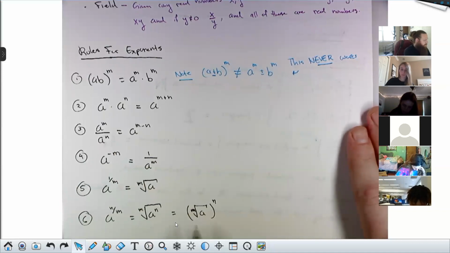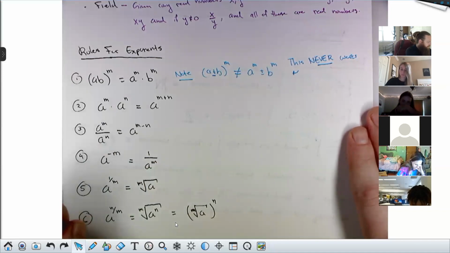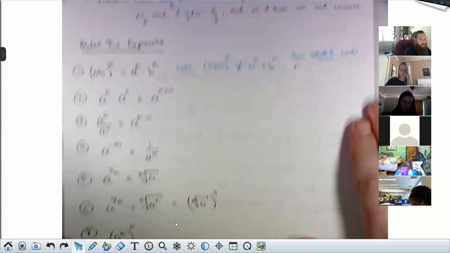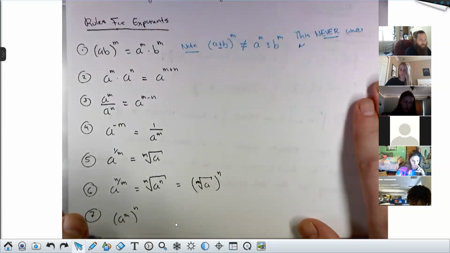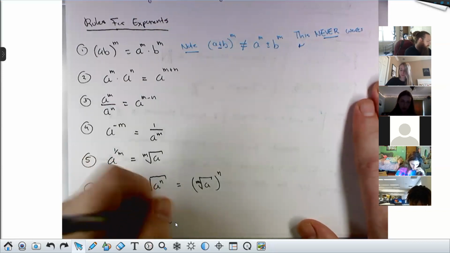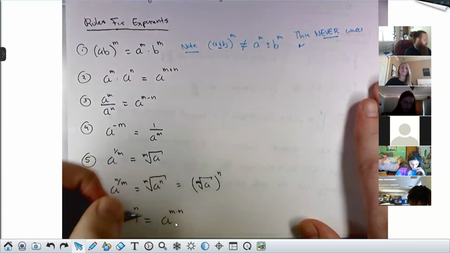And we can actually get these two facts from the very last rule that I'll share with you here, which is if you take a power like a to the m and you raise that all to another power, this is the same as multiplying those powers. This is a to the m times n.